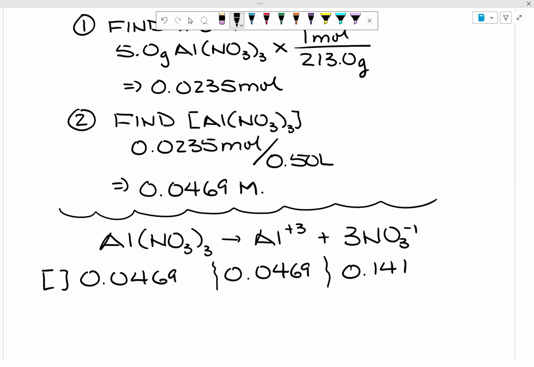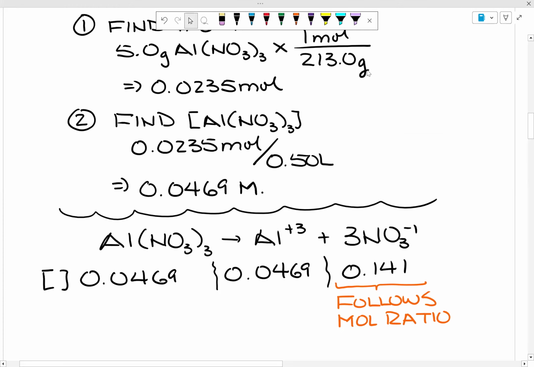Again, why is it 0.141? Because you want to recall that this follows the mole ratio. That is something for you folks to be aware of.